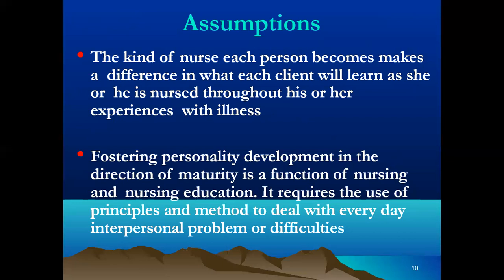Secondly, it is assumed that fostering personality development in the direction of maturity is a function of nursing and nursing education. Therefore, this calls for self-nurse development in terms of skills and expertise. It requires the use of principles and methods to deal with everyday interpersonal problems or difficulties.